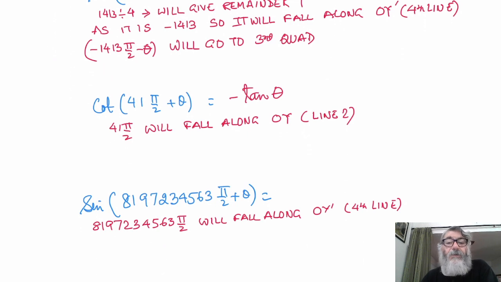It means it will go into the fourth quadrant, and in the fourth quadrant only cos and sec are positive. Sine will change into cos theta, and it will be minus cos theta, because the sign will change.